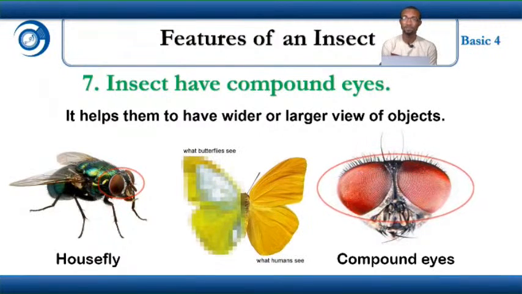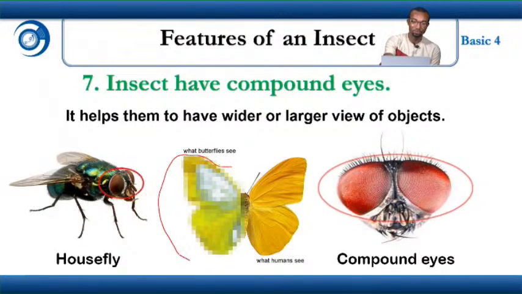If you look at this butterfly showing on the screen, you can see that one part is not clear, the other part is very clear. If an insect is looking at a butterfly, this is how the insect will see it.